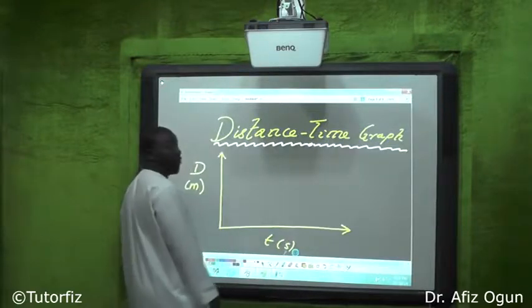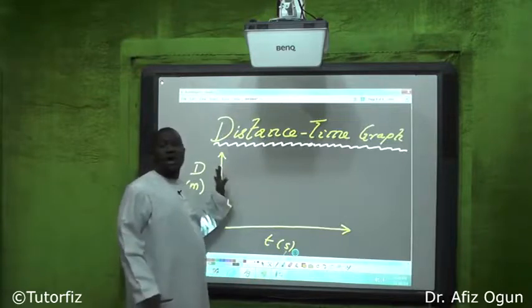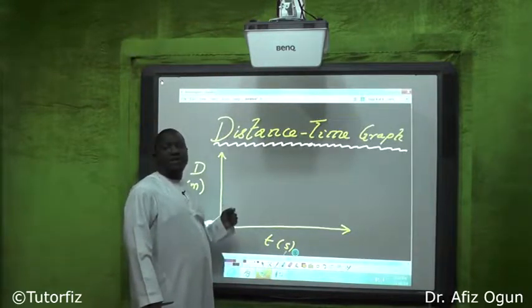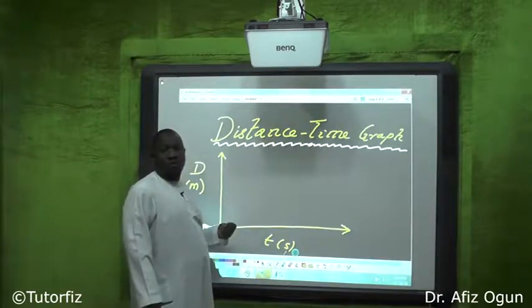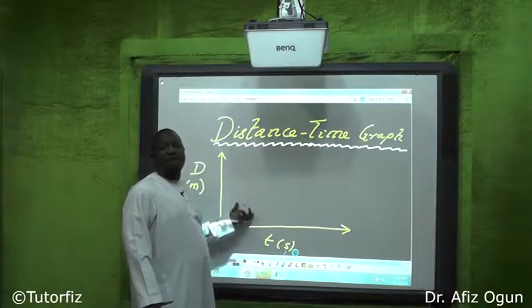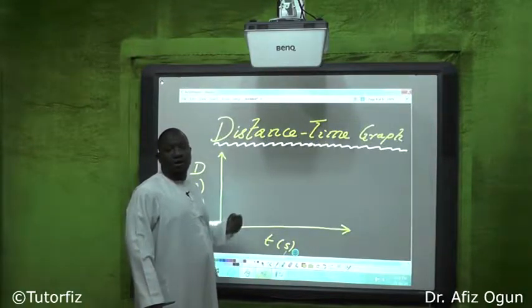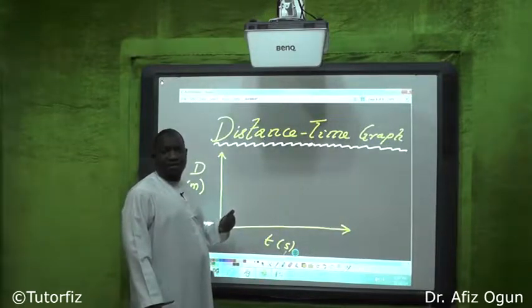That's the SI unit of time. Then whatever information we are given, we draw on the graph, so that anybody looking at the graph will know what the graph is saying. The graph will be able to talk. Just by looking at the graph, you will know what is happening to the motion of that body.